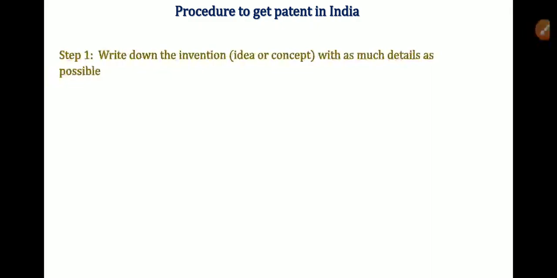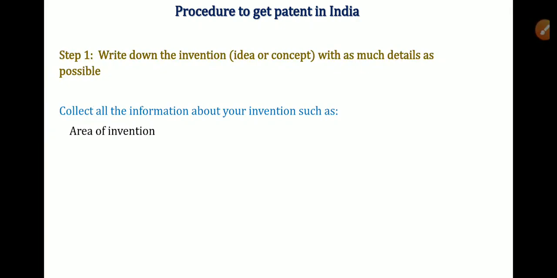You have to write each and every idea, each and every detail of your new idea or new concept. First of all, you should collect all the information about your invention, such as the area of invention, in which area you have conducted the invention, and the description of the invention, what it does, what specifications it has.